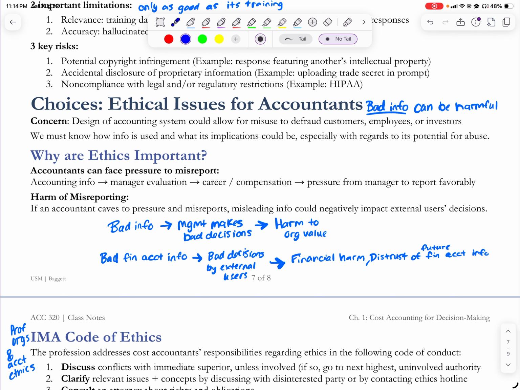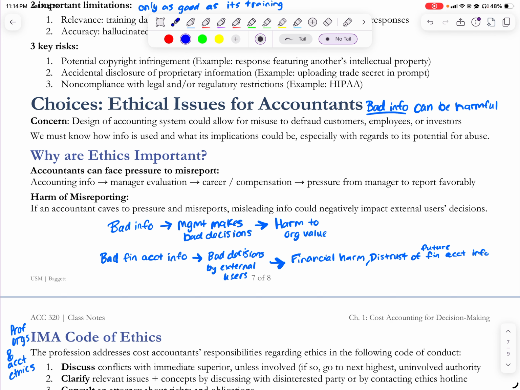Because in financial accounting, you've got these external users who don't have inside access or inside knowledge, and financial accounting information is only useful to them if they can trust that information. Ethical violations lead to mistrust of financial accounting reports, which leads to the devaluation of accounting overall.